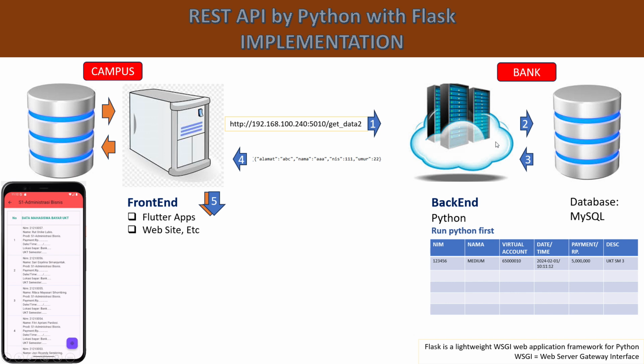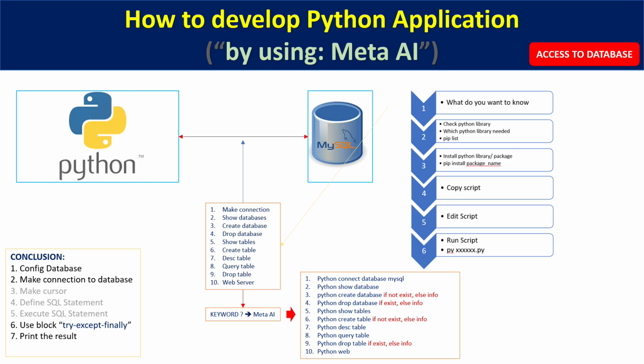Nah, jadi jika seseorang membayar uang kuliah tetap ke bank, kemudian di aplikasi kampus akan dapat langsung diketahui secara online siapa yang membayar UKT, berapa rupiah, tanggal berapa, jam berapa, dan deskripsinya apa. That is the final target of this Python.